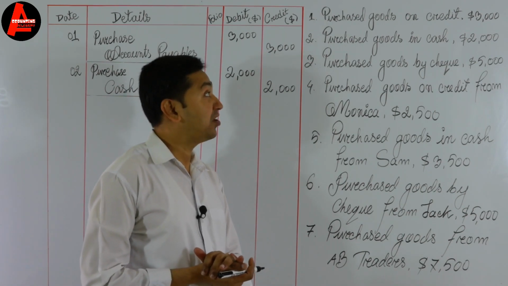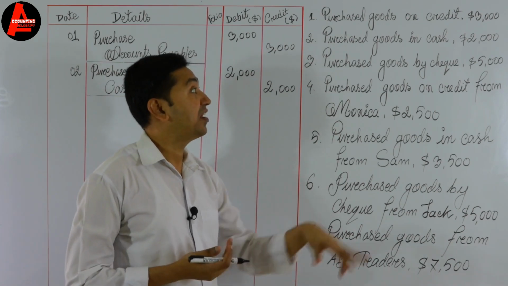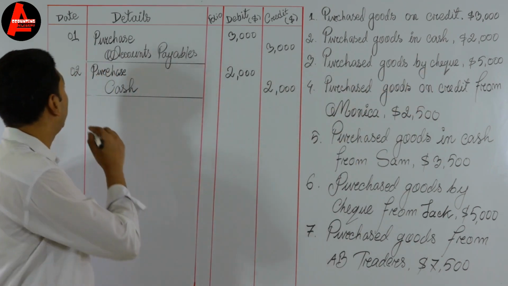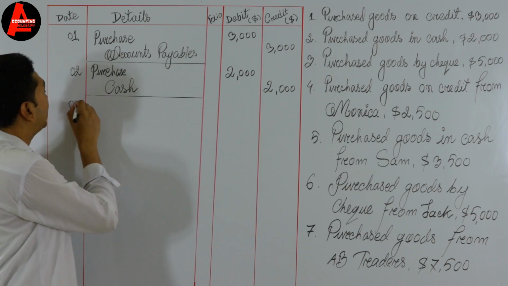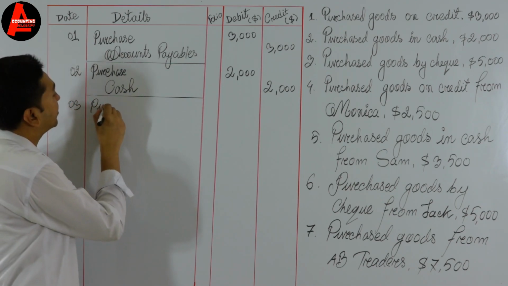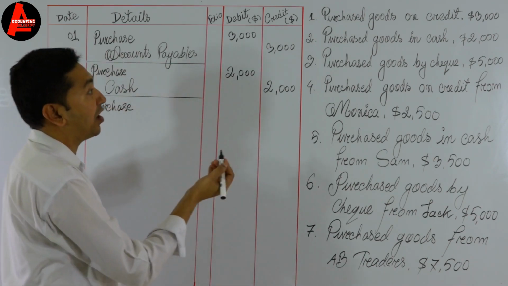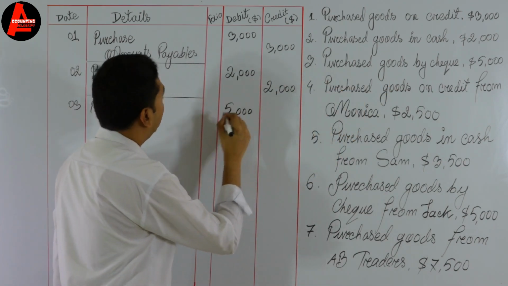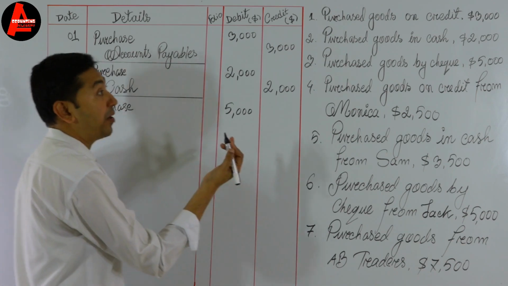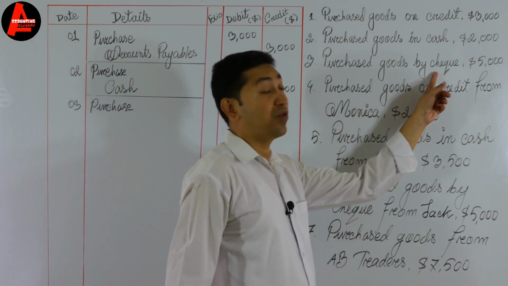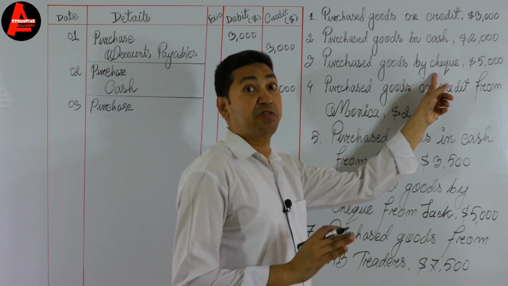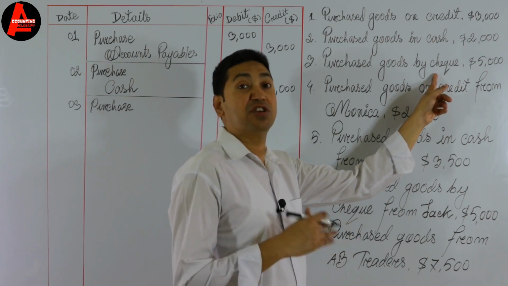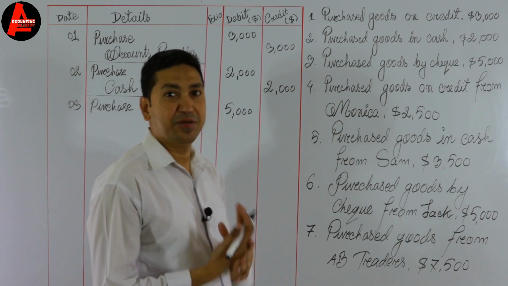Here neither credit nor cash, it is check. First we write the number 3, then purchase, $5,000 on the debit side. Then paid by check. When you see this word, never write check in any books of account. Instead of check, you should write bank.